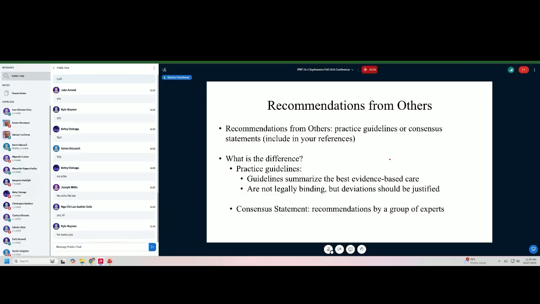How do I find those? Google it. Just Google, are there any practice guidelines, and put your topic in. And then that should bring up some information, some guidelines from organizations.